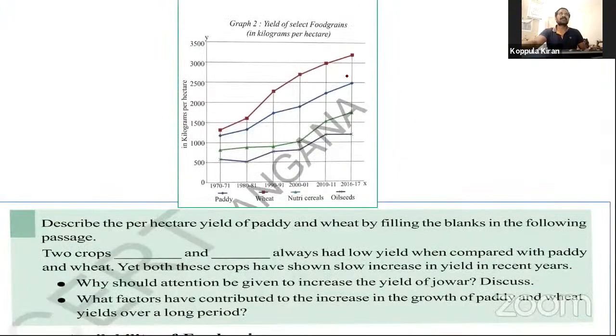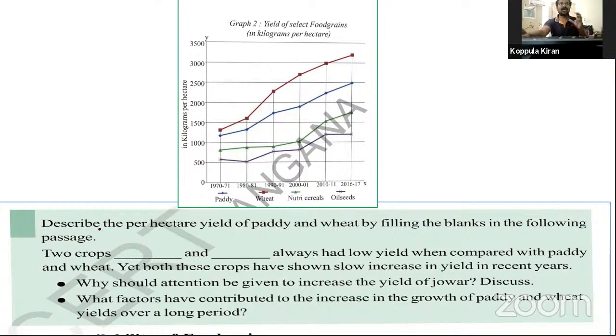See this same slide, same graph. Yield of select food grains in kilograms per hectare. Okay, this is the x-axis of food grains we have taken, and per hectare kilograms, so how much production we produce. See this. Sorry, it is moving.